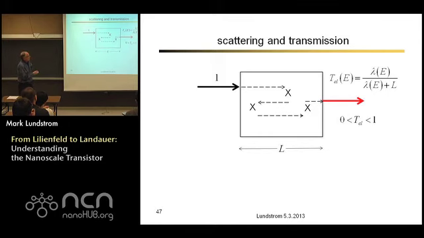If the channel length is much less than the average distance between scattering events, this expression is going to go to 1. Right? Makes physical sense. If the channel length is much longer than the average distance between scattering events, this is going to get very small. There'll be many opportunities to scatter and turn around.